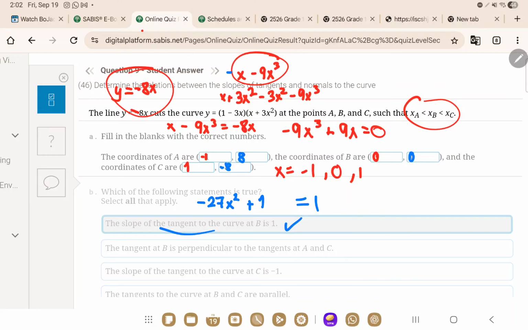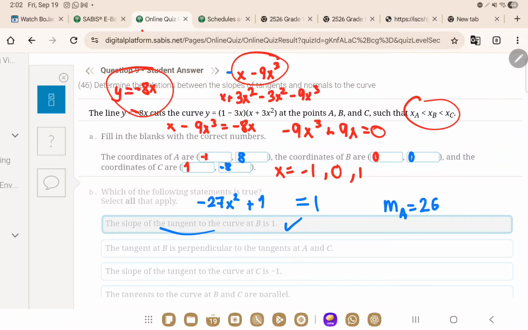Now, is the tangent at B perpendicular to the tangent at A and C? First of all, let us find the tangents at A and C. The tangent at A: again, you substitute into this equation. It's -1, and -1 squared is 1. -27 times 1 is -27, plus 1, so the slope m at A equals -26.